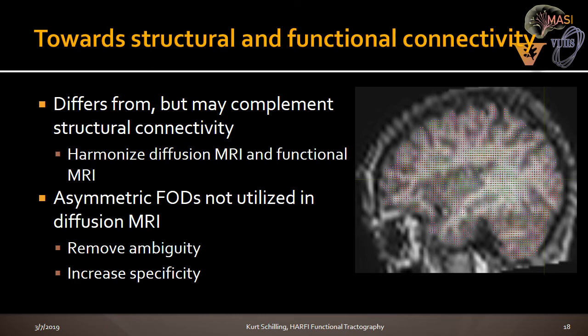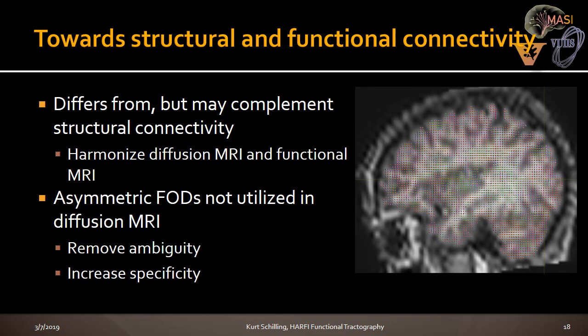We envision using the asymmetric HARFI distributions to possibly improve fiber tracking specificity and sensitivity. For example, it's currently not possible to distinguish diffusion processes in one direction from diffusion in the opposite direction, which may lead to ambiguity in estimating the fiber geometries in each voxel. And we've shown that using HARFI, we can actually characterize very unique fanning, bending, and even three-way asymmetric crossings.